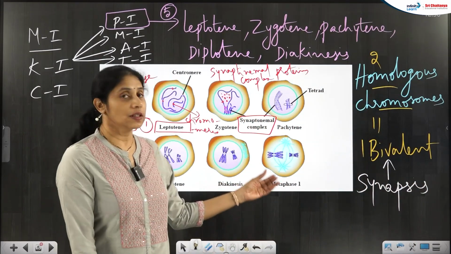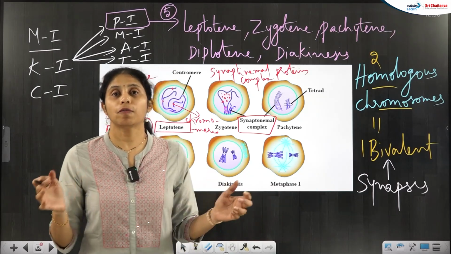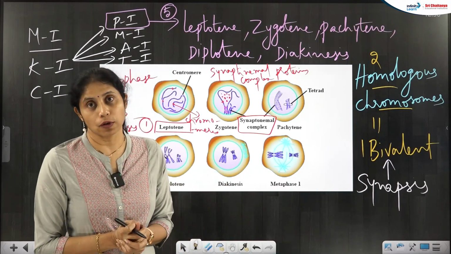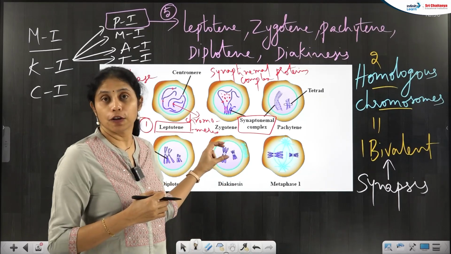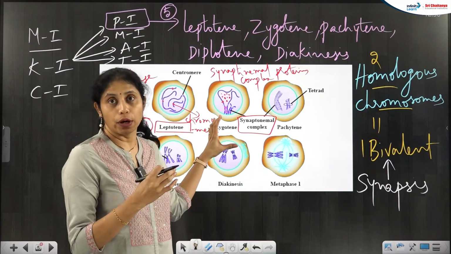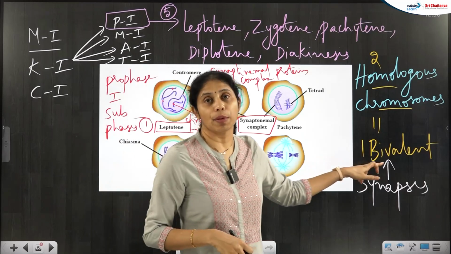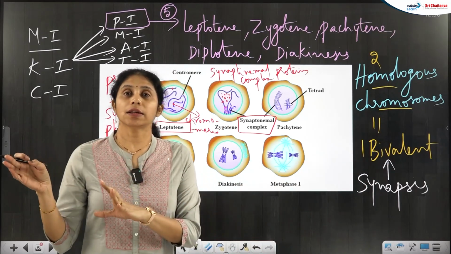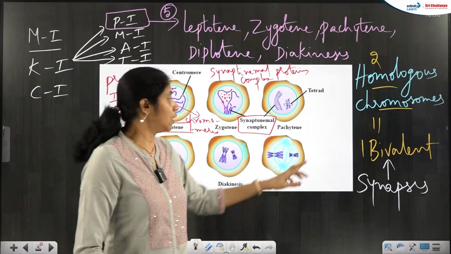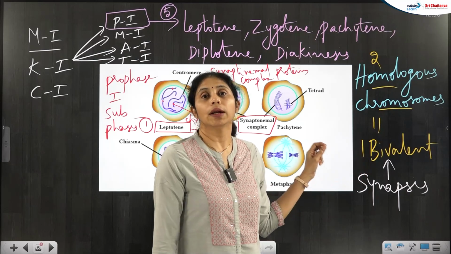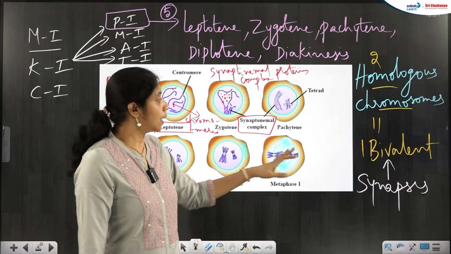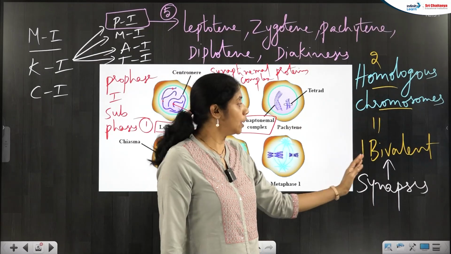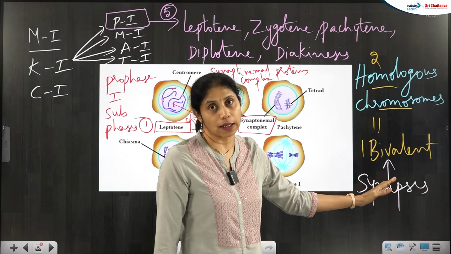So synapsis is the process of pairing of two homologous chromosomes which occurs in the zygotene stage, and at its end, all bivalents will be present inside the nucleus. If the parent cell has 46 chromosomes, the bivalents formed will be 23, because one pair is equal to one bivalent. So in human cells, 23 bivalents will be formed.